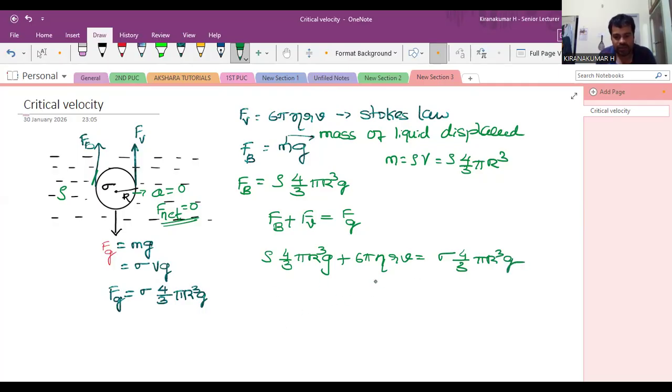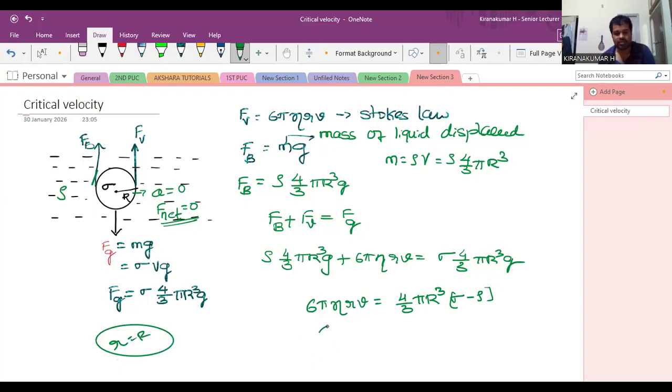Now let us simplify this. 6 pi eta r v equals 4 by 3 pi r cube into sigma minus rho into g. Here r is the same as capital R, I simply used a different notation.